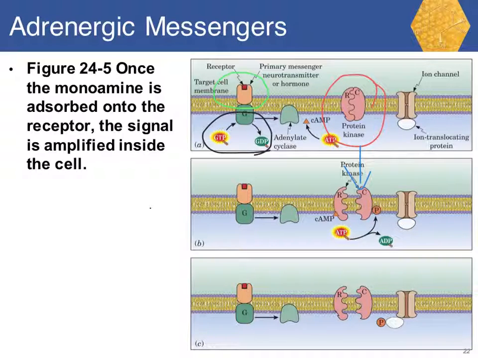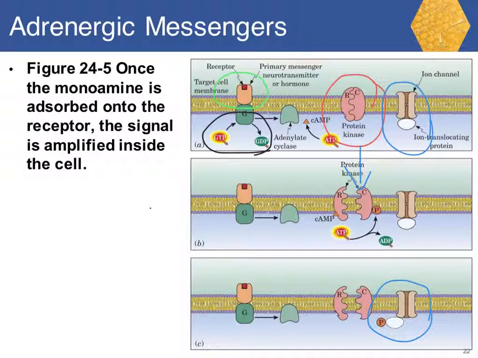When this happens, this is the last part, the catalytic unit phosphorylates the ion translocating protein, which is the last section that you see here, causing it to change its shape and position and opening the channel, which you actually see down here.